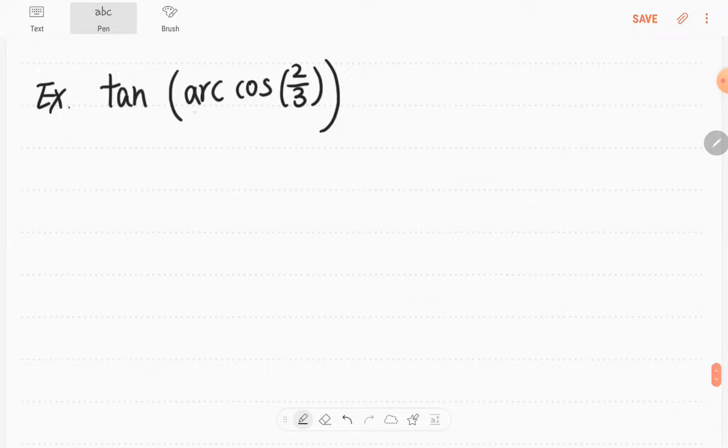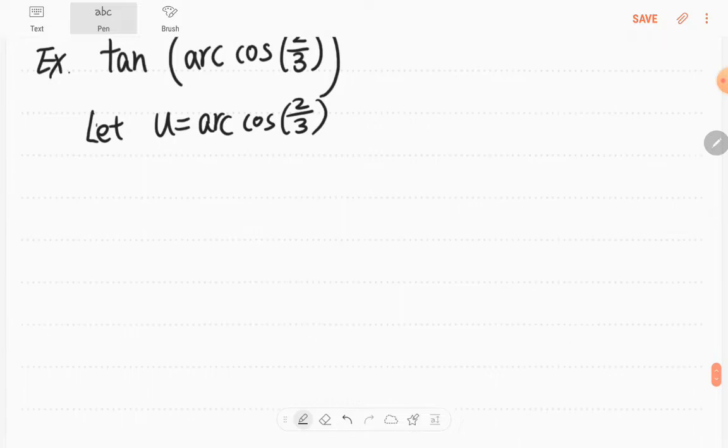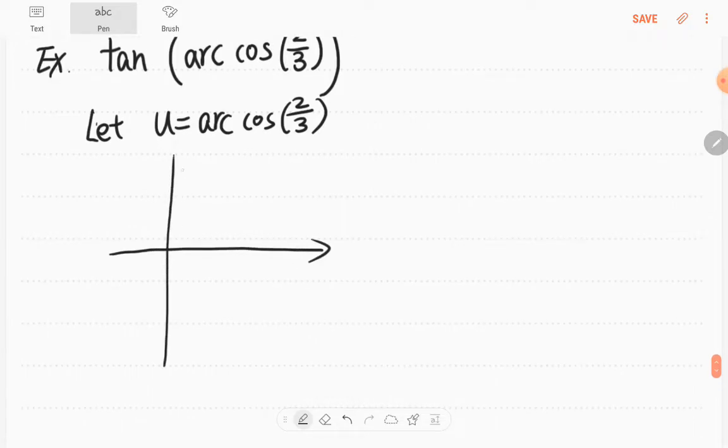Since arc cosine represents an angle, we let u be arc cosine 2/3. We can draw a right triangle with this angle u. The cosine value is positive, so it must be in the first quadrant.